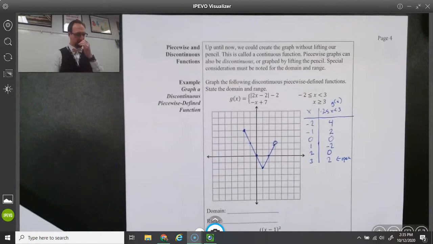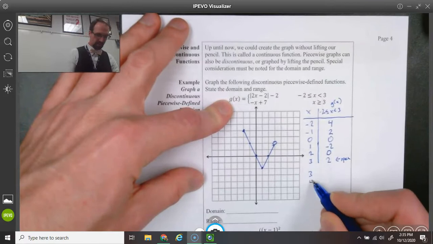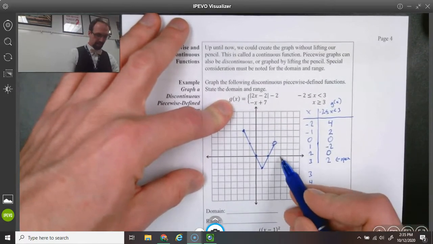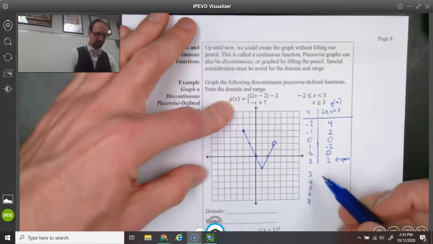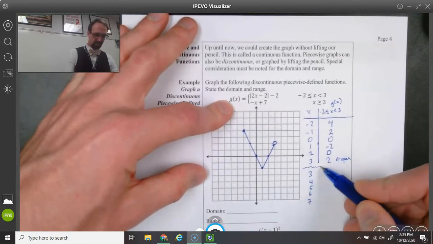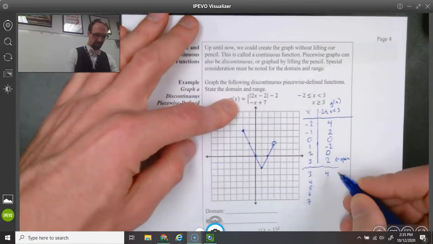Now plugging into the other piece. This is going to be 3, 4, 5, 6, 7. Plug in 3: -3 plus 7 is 4.